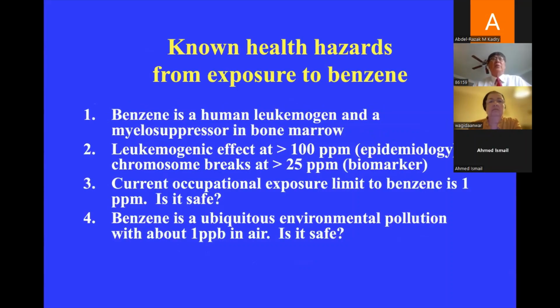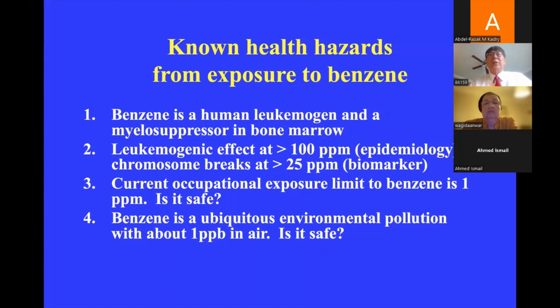We know that benzene is a human leukemogen and a myelosuppressor in the bone marrow. The leukemogenic effect has been detected if the population has been exposed to more than 100 parts per million, based on epidemiological study. Based on biomarker study, workers exposed to 25 parts per million show chromosome breakage.